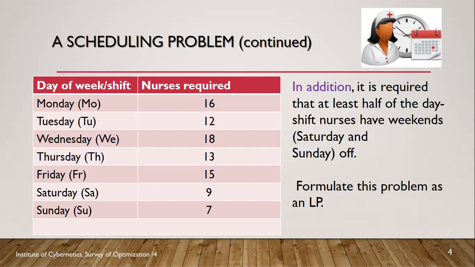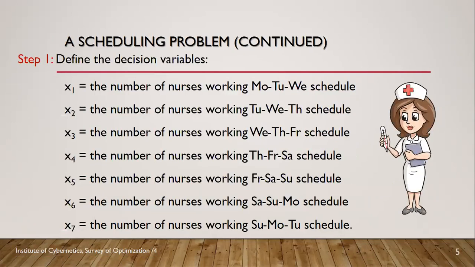The suggested definition of the decision variables will look different, more reflecting the situation in the hospital. Depending on the structure of the nurses' shifts, it makes sense to associate the decision variables with the different types of schedules rather than the weekdays.